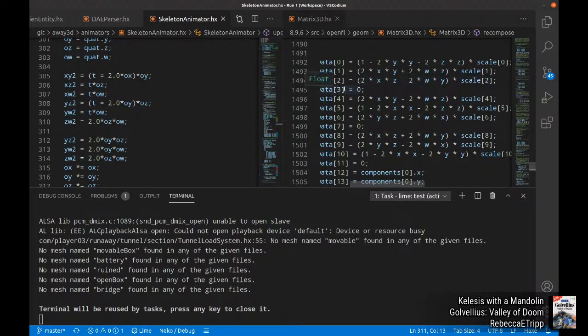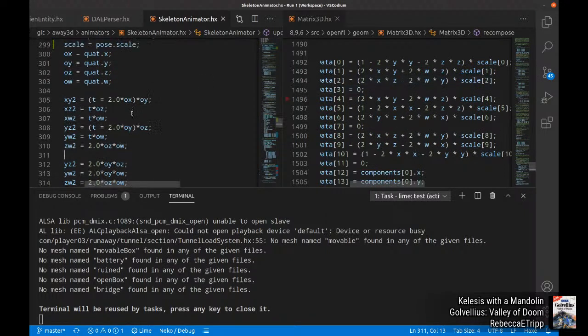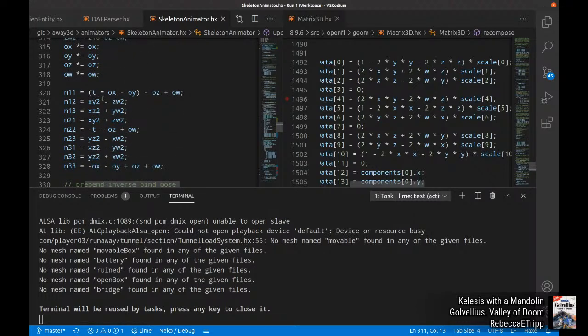0, 1, 2, 3. Two times x times z minus 2 times w times y.